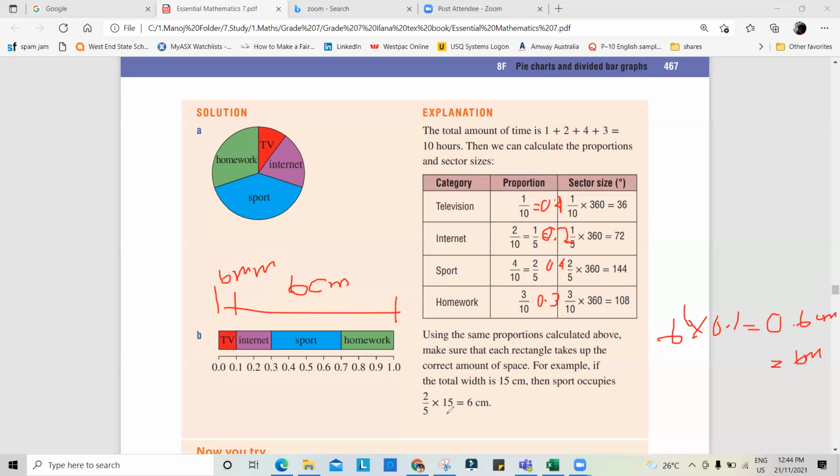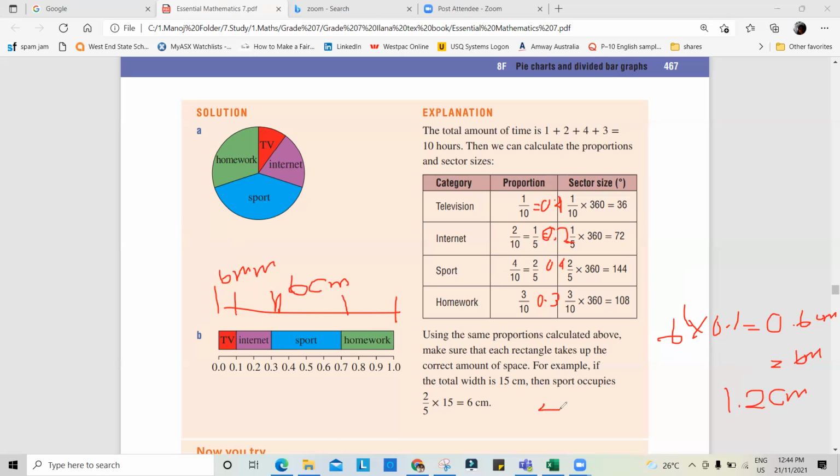Now, likewise, this is 0.2. Then it is 1.2 centimeters. You mark 1.2 centimeters. And this one is 0.4.